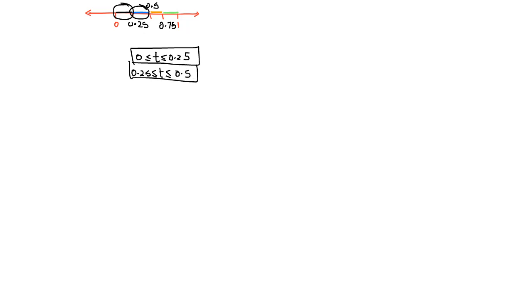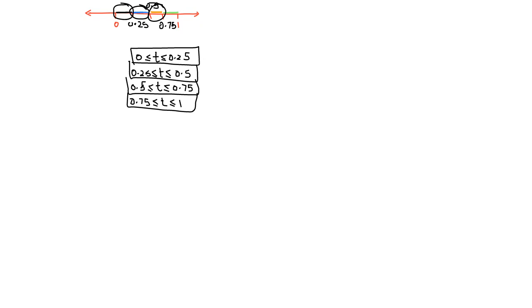The third interval is 0.5 to 0.75, right? And the fourth interval, the last interval, is 0.75 to 1. So these are the four parts of t I divide, because we have four different sides of the rectangle.